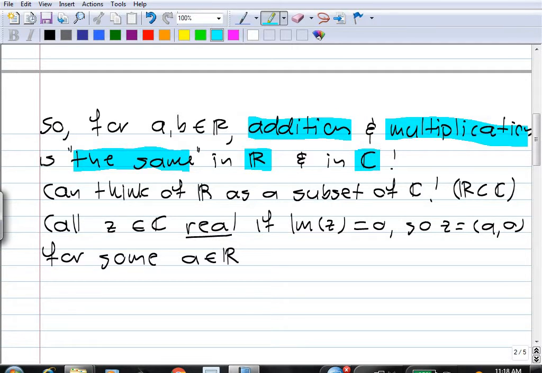So taking all this together, we see that we can think of R, the set of real numbers, as a subset of the set of complex numbers. So in other words, every real number we can think of also as a complex number.